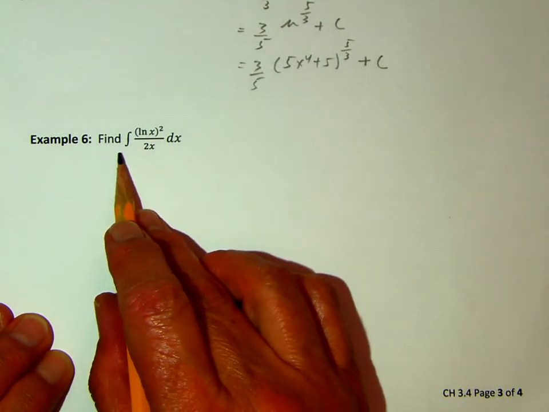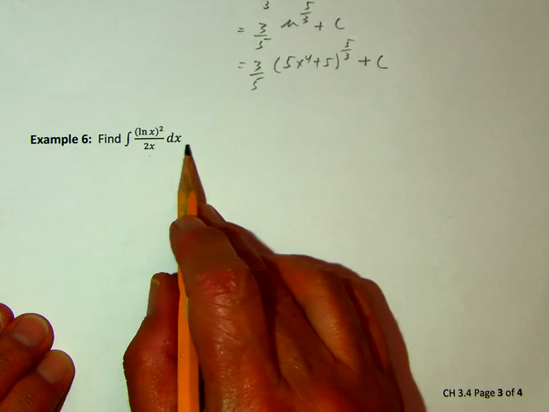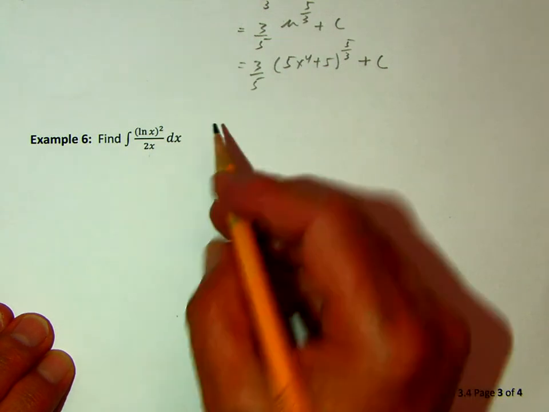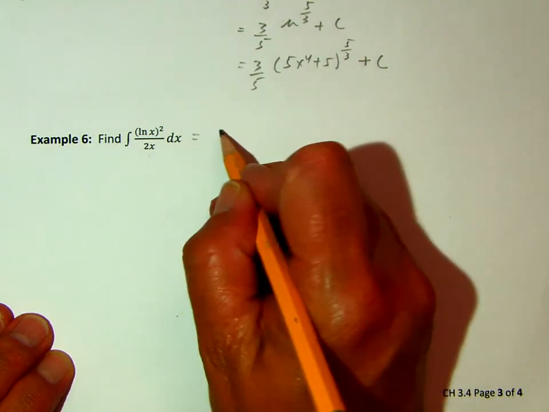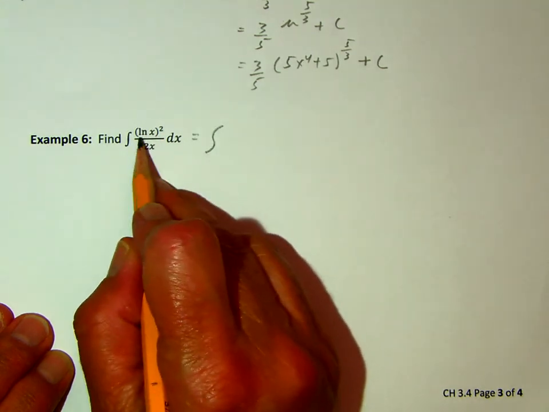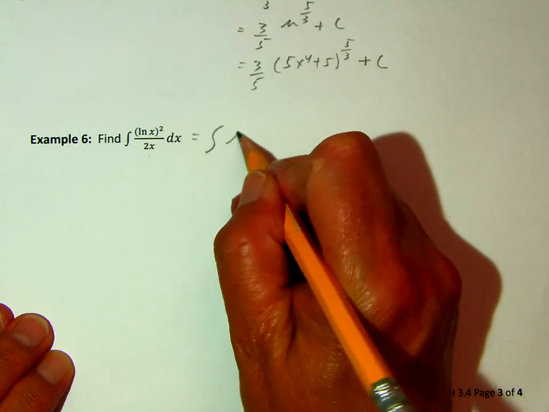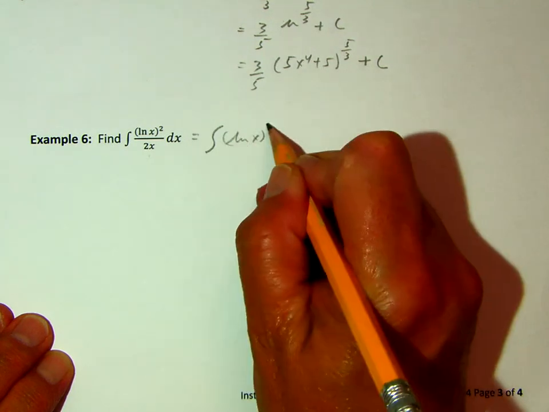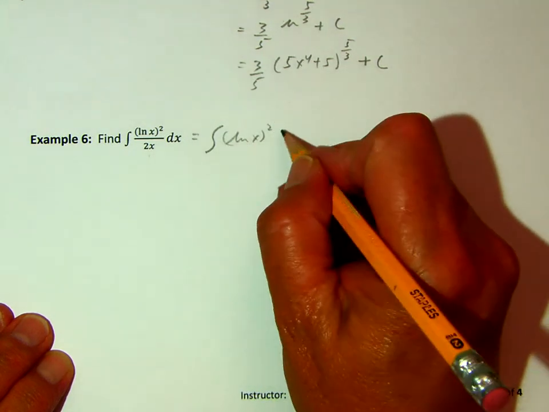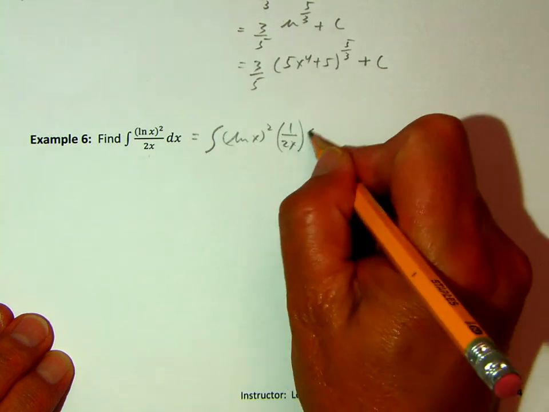Find the integral of ln x squared over 2x dx. Now again, I want to rewrite this a little bit. I want ln x to be my u. So I'm going to rewrite this as ln x quantity squared times 1 over 2x dx.